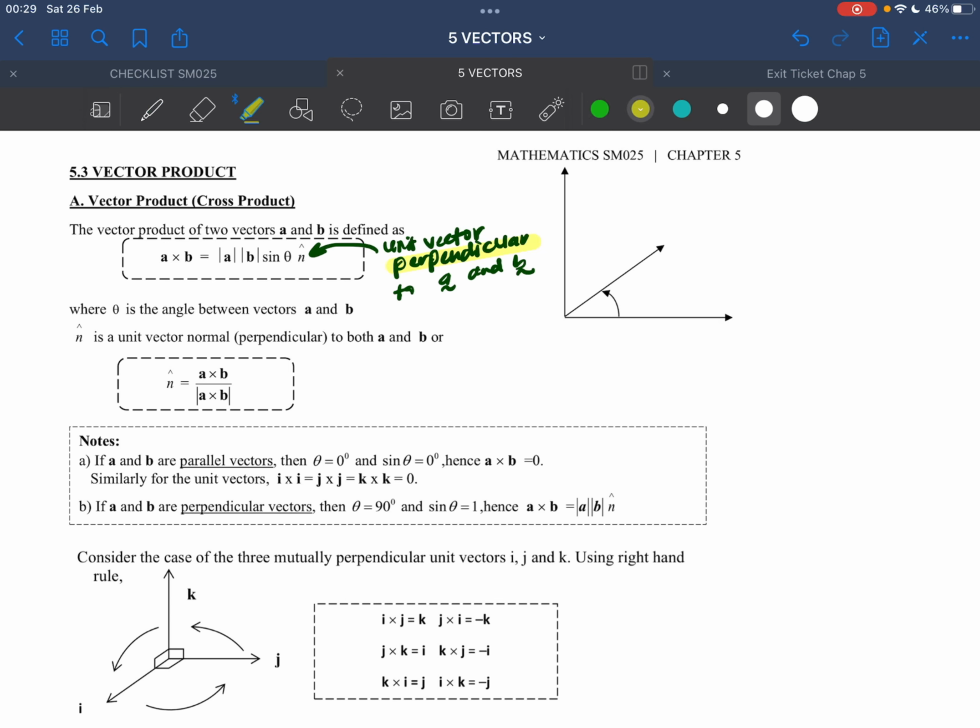What we learned from scalar product was just the unit vector in the direction of u. But for this vector product, we have a unit vector that is perpendicular to A and B, and we represent that as n hat.